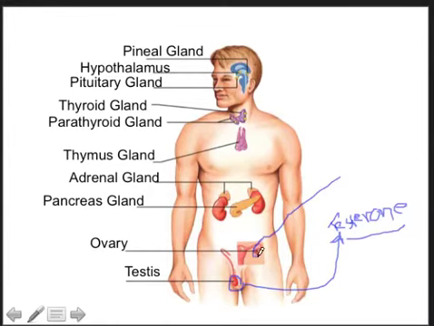There's an ovary right there, right next to a fallopian tube. And the ovaries produce estrogen and progesterone. And what estrogen and progesterone do is they coordinate the ovarian and the uterine cycles in the female.